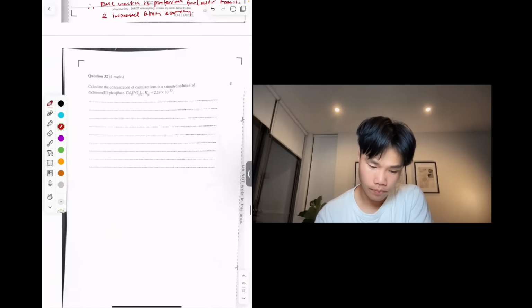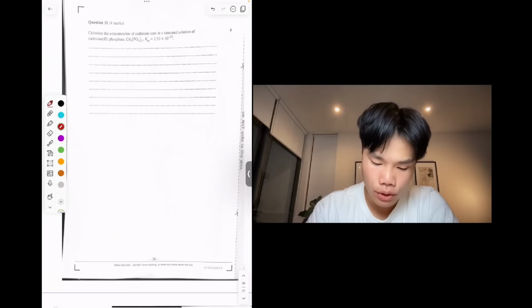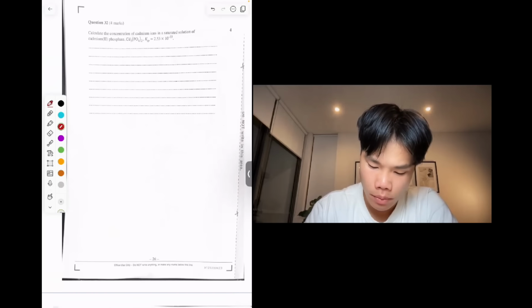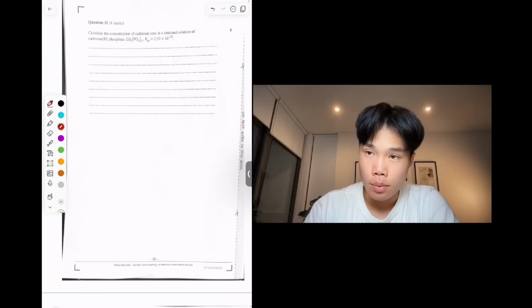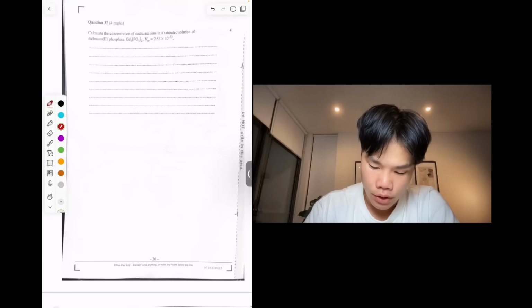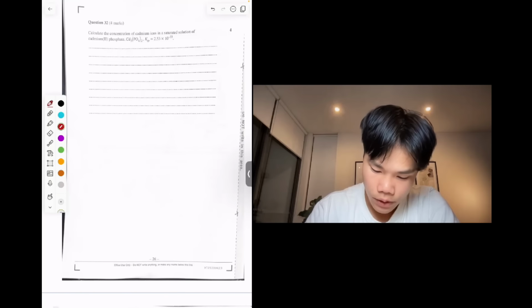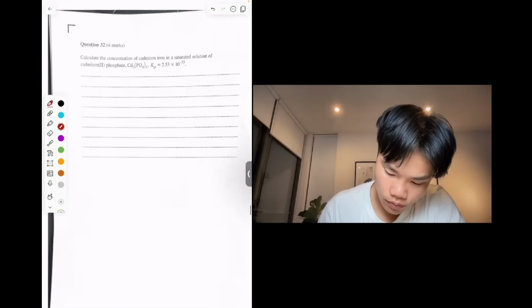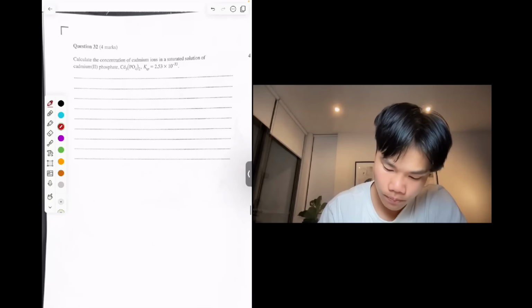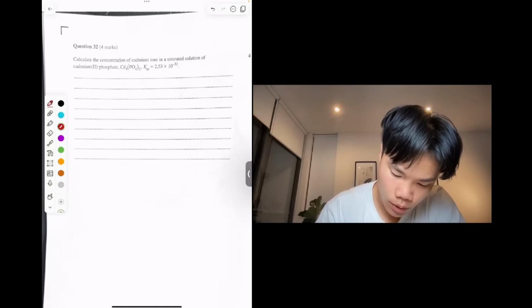Okay. Question 32. Calculate the concentration of cadmium ions in a saturated solution of cadmium phosphate. You get given the KSP, and you essentially just need to work out the concentrations. So KSP of solutions given. First thing you're going to write is an equation.